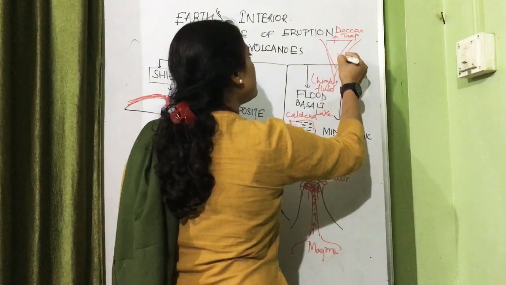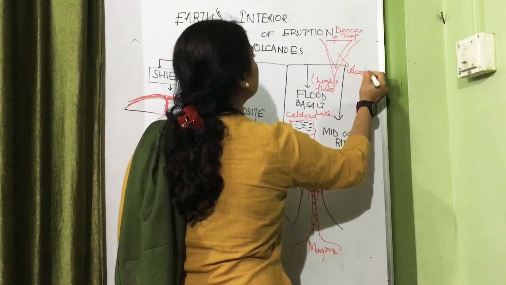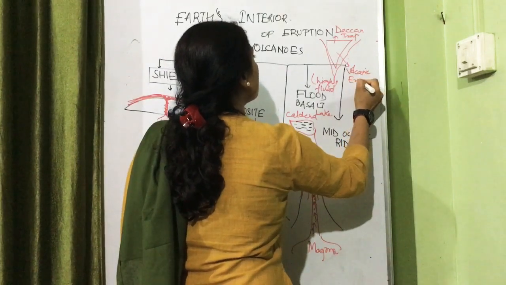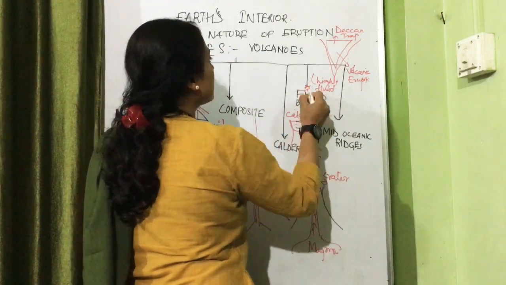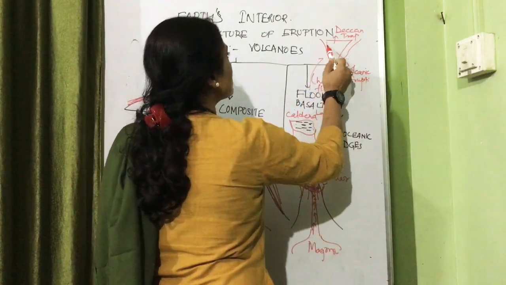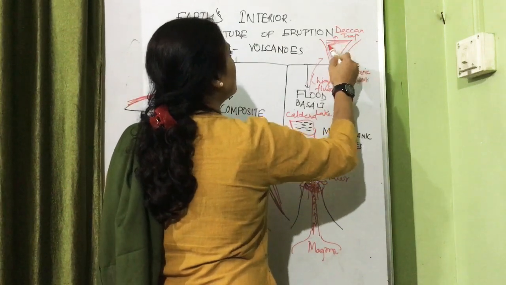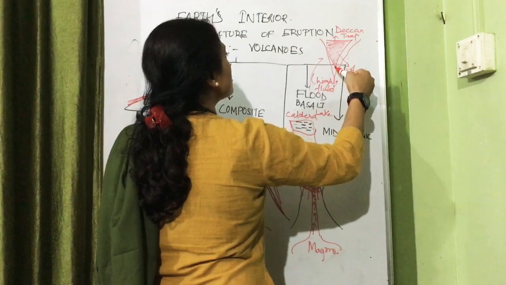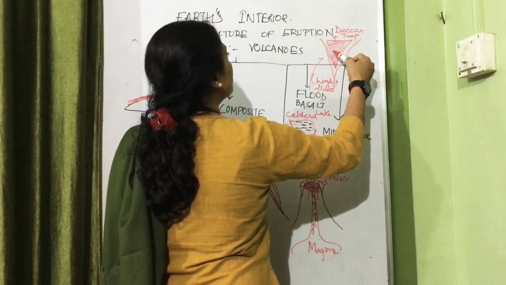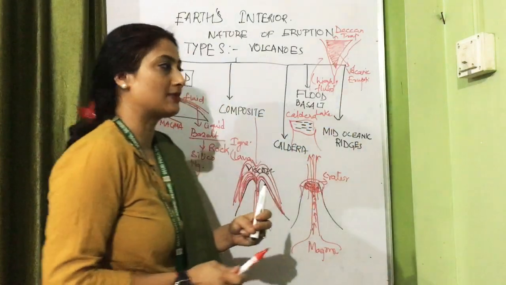This Deccan Trap is basically formed by volcanic eruption, and it is one good example of flood basalt, because it spread during the volcanic eruption over a large area, and today we find this region suitable for the growth of cotton because it consists of black soil.